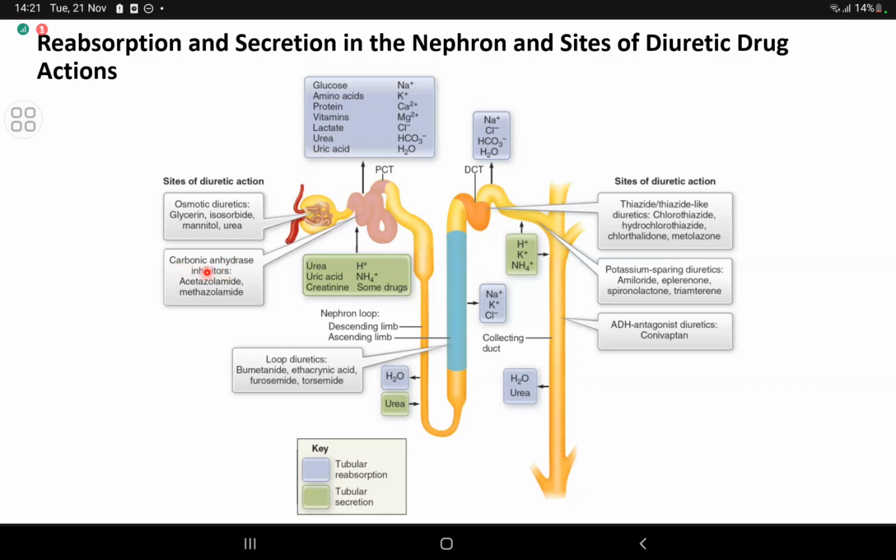Carbonic anhydrase inhibitors will focus on the PCT. Loop diuretics will focus on the loop of Henle. Thiazide and potassium-sparing diuretics will focus on your DCT, and ADH antagonists will focus on the DCT and also your collecting duct. Clear? Clear.